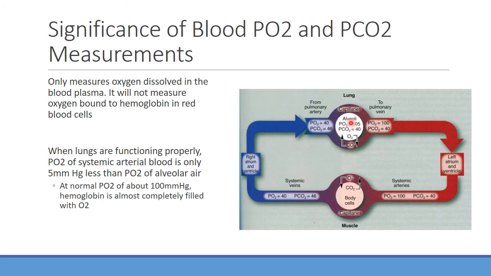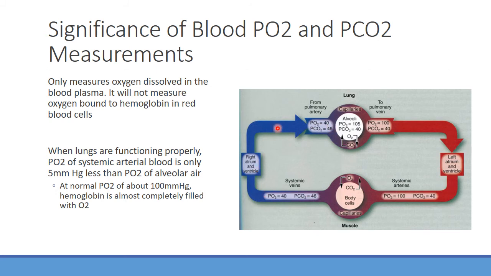Because of that differential, we're going from 105 to 40, and that O2 is going to travel into those red blood cells. Now it picks up and has a PO2 of roughly 100. It's not going to be exactly the same, but it's pretty close for the most part. Then that can be circulated around, drop off that oxygen in the muscles, get dropped down to around 40 again, come back and get recycled all over again.